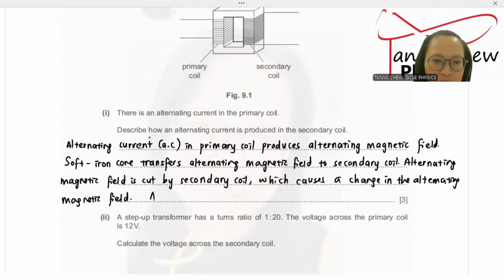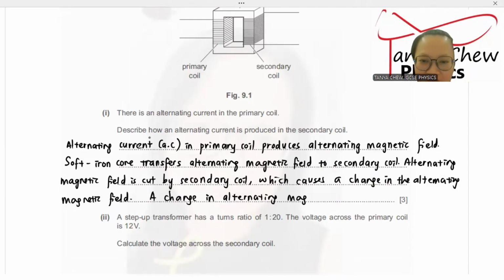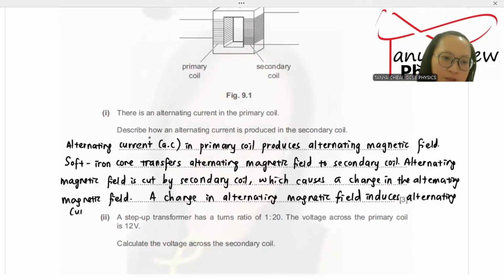A change in alternating magnetic field induces alternating current in the secondary coil. That's it.